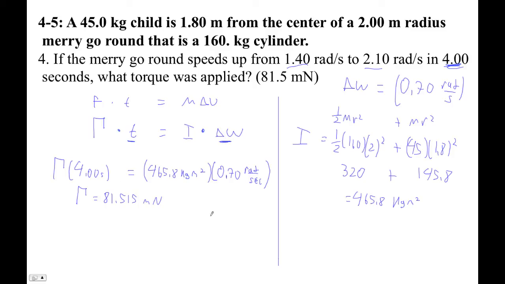Right, how is that meter newtons? You can, by the way, stop right now if you don't care how that is actually meter newtons. The actual units are kilogram meters squared per second, because I divided by seconds, times radians per second, so they are actually kilogram meters squared per second squared.